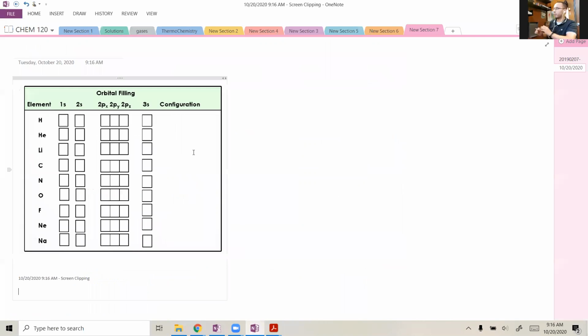All right, very good. Can you guys see the orbital diagrams now? Yes. Yeah. All right.